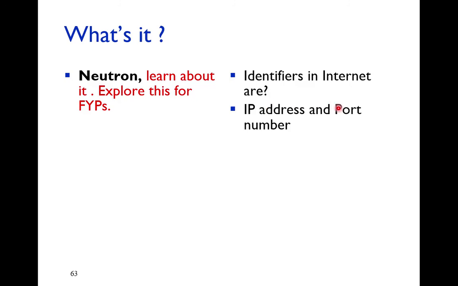The port number identifies the application in a system. The source port number identifies the source application at the source machine, and the destination port number identifies the destination application on a machine. We have explained it through examples, and I think that will be clear to you.